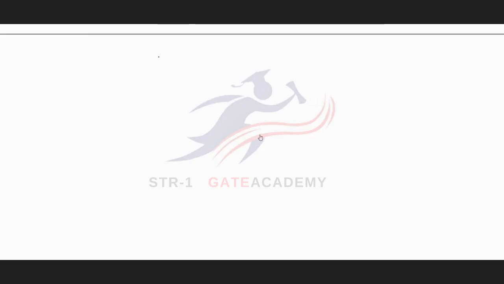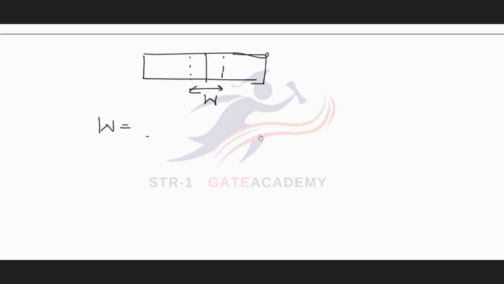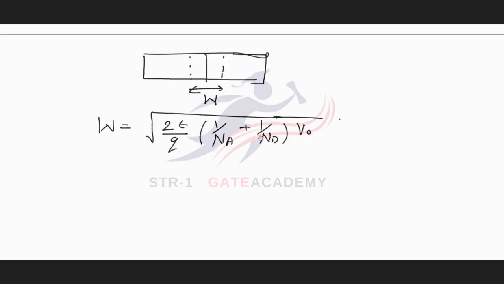The width of depletion layer in PN junction diode. Suppose this is a PN junction diode. In this PN junction diode, there will be a depletion layer at the junction, and the width of depletion layer is mathematically given by W equal to under root of 2 epsilon upon q into (1 upon Na plus 1 upon Nd) into V0, where epsilon is called permittivity and epsilon is written as epsilon naught into epsilon r.